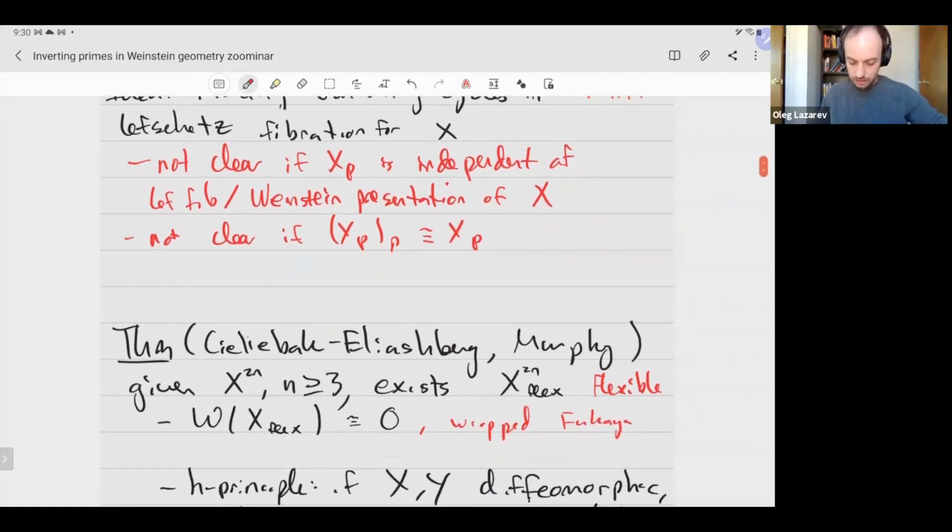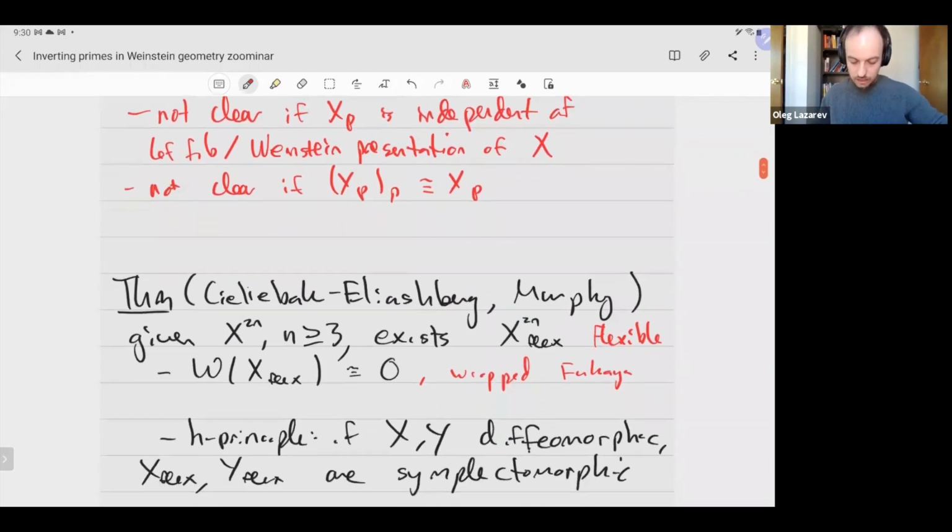Again, it's diffeomorphic to X, and furthermore, it satisfies this h-principle, namely if X and Y are diffeomorphic, then X flex and Y flex are actually symplectomorphic. So this flexibilization forgets all of the symplectic topology, but it remembers the smooth topology. So X flex is also diffeomorphic to X.